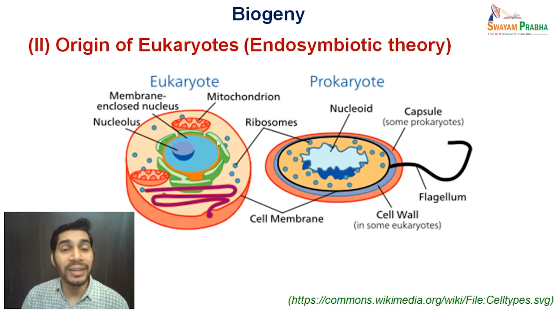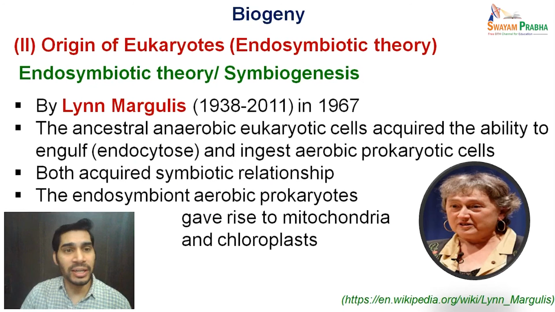You might be aware that it lies mainly with the organelles. So, membrane-bound organelles are there in eukaryotes which are not there in prokaryotes, besides other differences like cell walls, flagella, etc. So, the question comes, how did these eukaryotes originate from the prokaryotes?